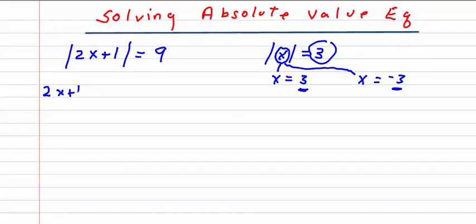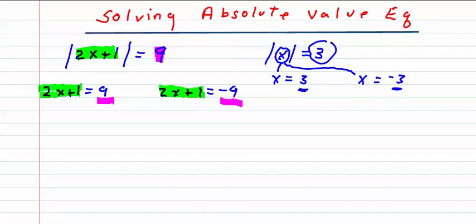2x plus 1 is equal to 9, and 2x plus 1 is equal to negative 9. The stuff that's inside the equation, 2x plus 1, is put on one side of both equations, and then this number, the 9, is set equal to that 2x plus 1, and it's set equal to the opposite.